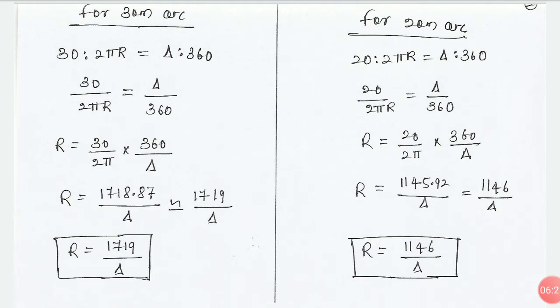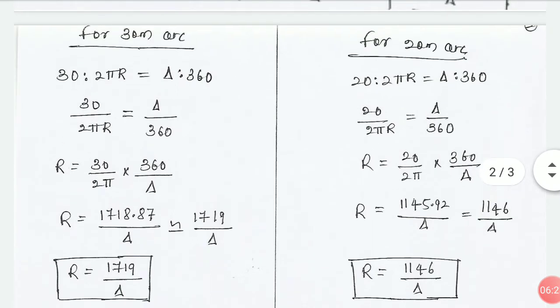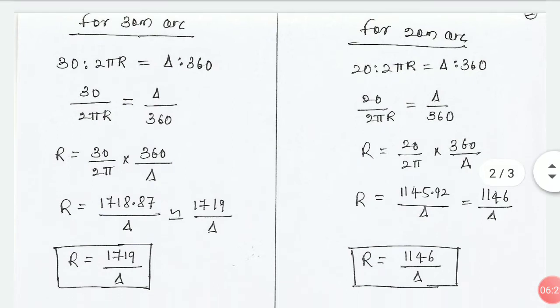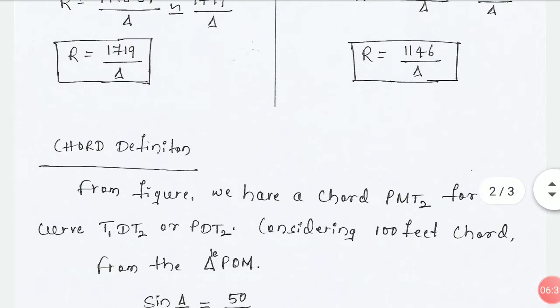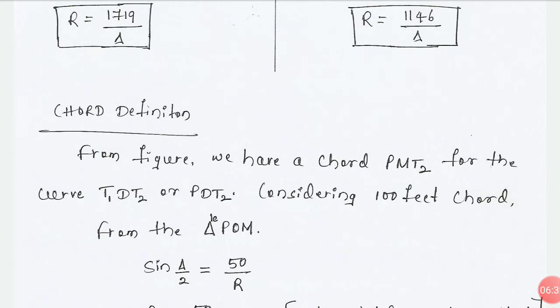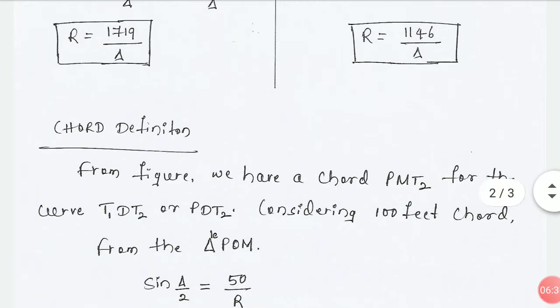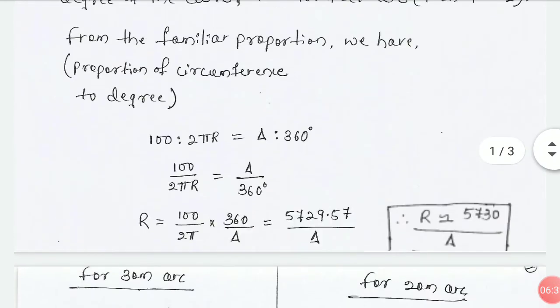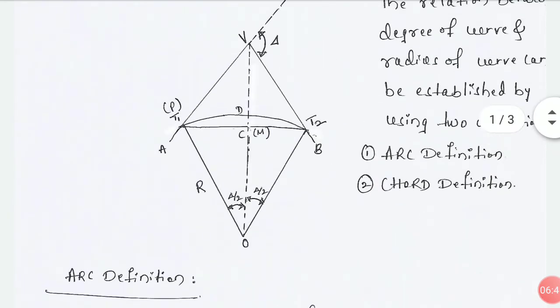Next, I will establish the same relation using the chord definition. You can check it here. From the figure, we have the chord PMT2 for the curve T1 D T2.